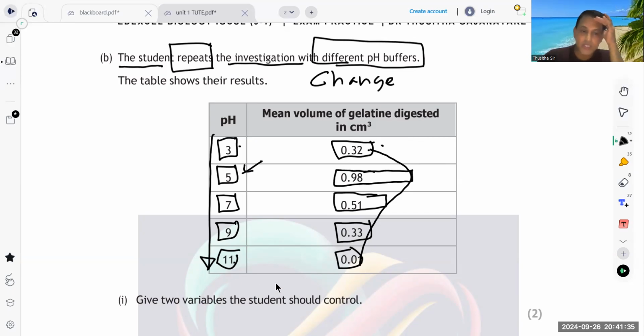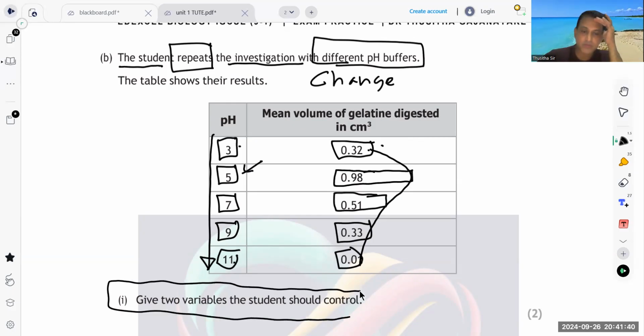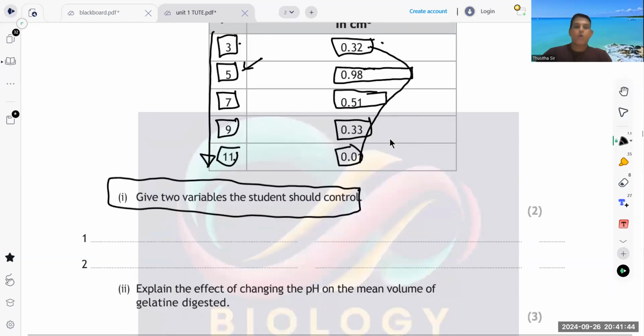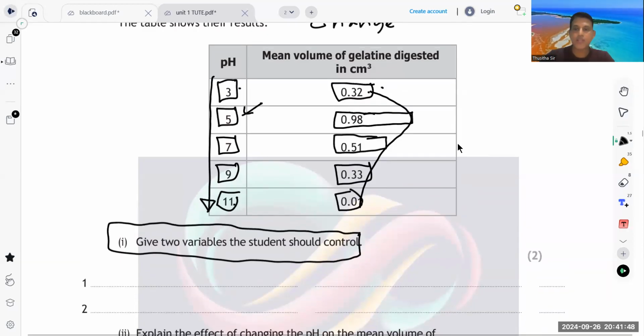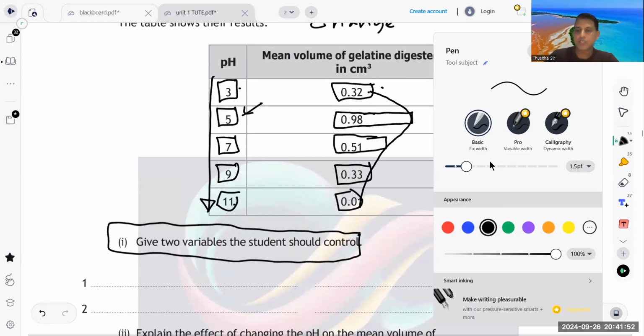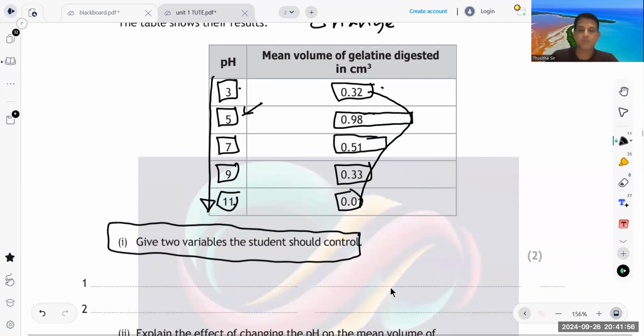Give two variables the student should control. Okay, now you have to write in your notebook. So you have to write in your notebook this important thing.